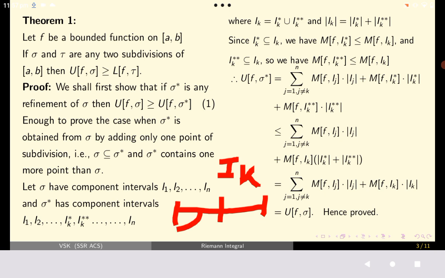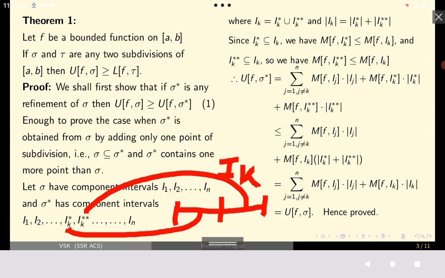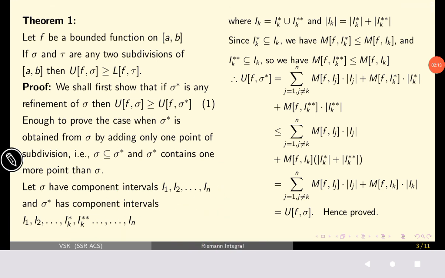The first part is Ik star, and the second part is Ik double star, so that Ik is equal to Ik star plus Ik double star, and the length of Ik will be the length of Ik star plus the length of Ik double star.